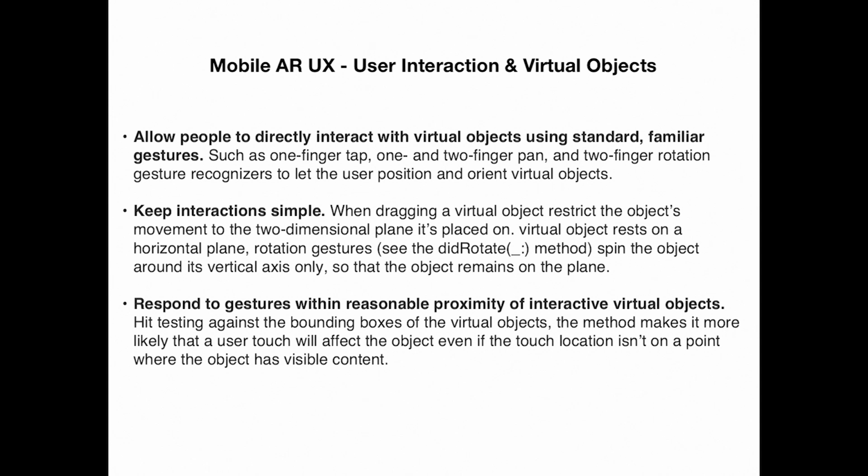Since you have access to UIKit and all the touch gestures and all the UI elements, you can use the same design patterns and keep the interactions simple, especially because if you've worked with Unity, it took me so long to understand how to move things around in 3D space, rotation and translation of objects. And the same thing the user has to do when they are moving the objects around.